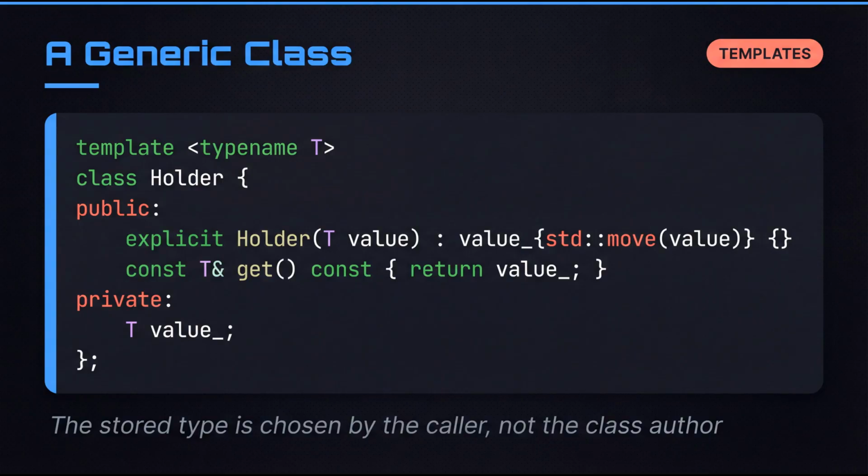You can create a Holder of int, a Holder of string, or a Holder of any custom type. Each instantiation is a separate class with its own data layout. The standard library is built on this pattern. Vector, optional, shared pointer. They're all class templates.